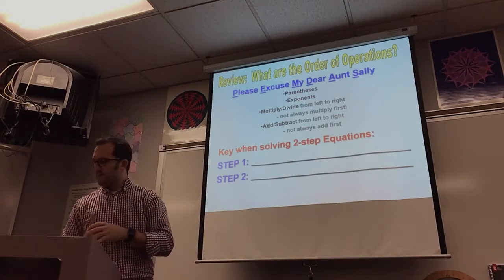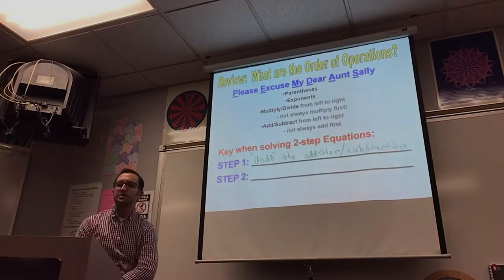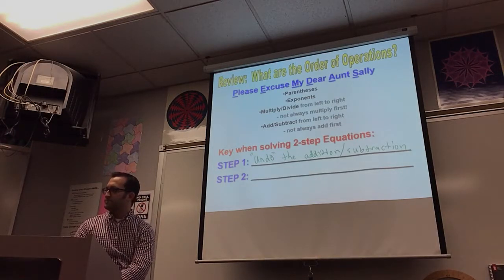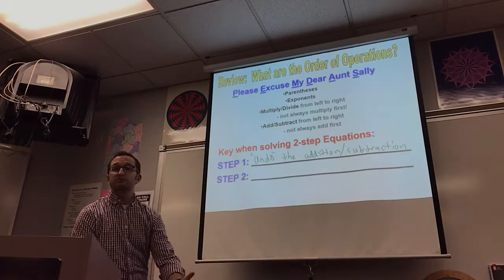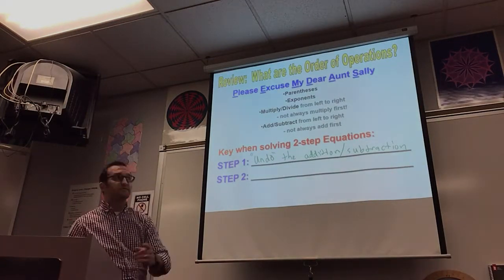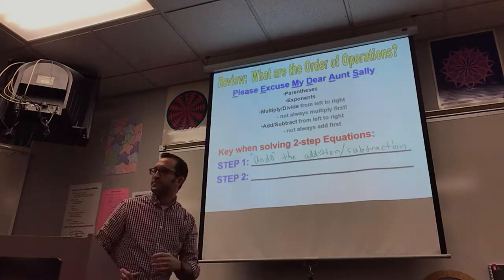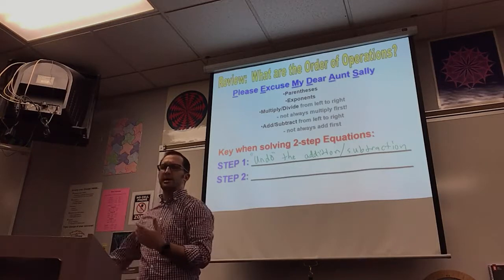Here's the deal. First thing we want to do is actually undo the addition and subtraction. That's the first thing we want to do, because that's what the inverse of the order of operations is. It's the reverse order. Inverse kind of means opposite, right? Not exactly, but it's kind of like the opposite.